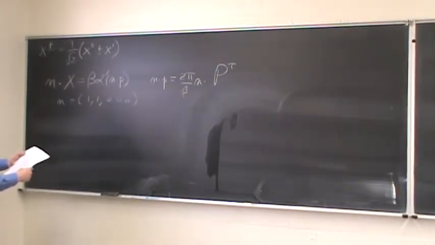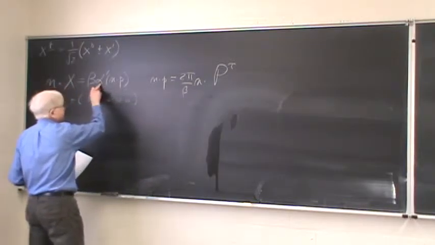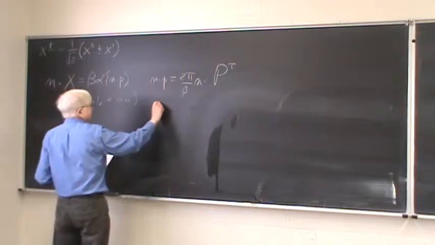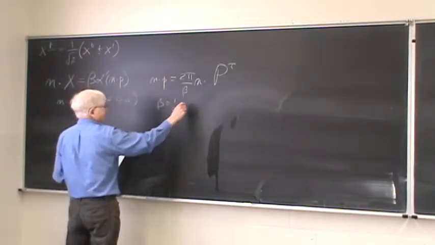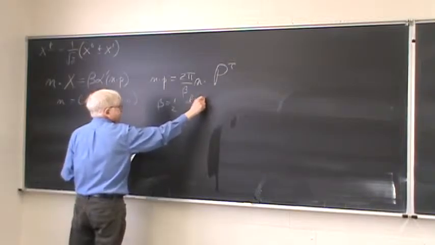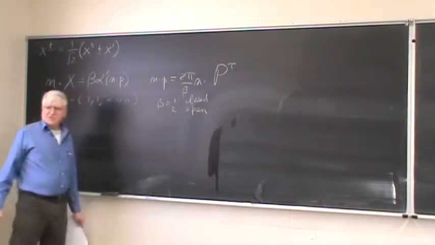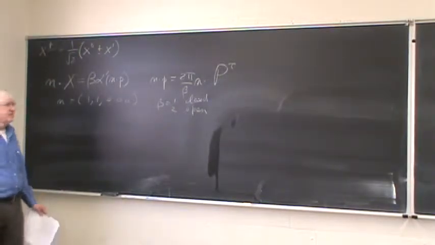So there's a whole class of gauges. Beta, what is alpha? Alpha is the string tension. And beta is 1 or 2: it's 1 for closed strings, and 2 for open strings. Do you think I should use the bigger chalk? Would that be better, or is this okay? I think that's okay. All right.